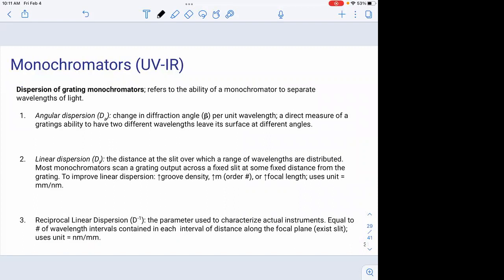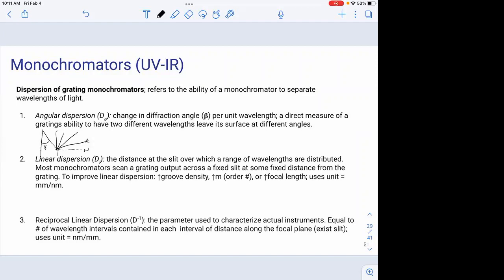Angular dispersion basically is getting at how big of a difference there is between your incident ray and your diffraction ray. So if here is normal, and here's my blaze angle, if my incident ray comes in here, do I have my diffraction ray here, or here, or here?